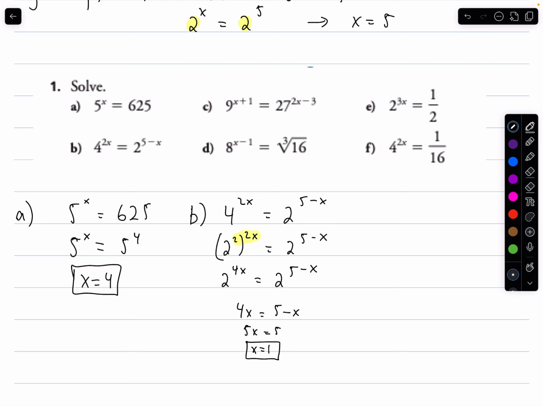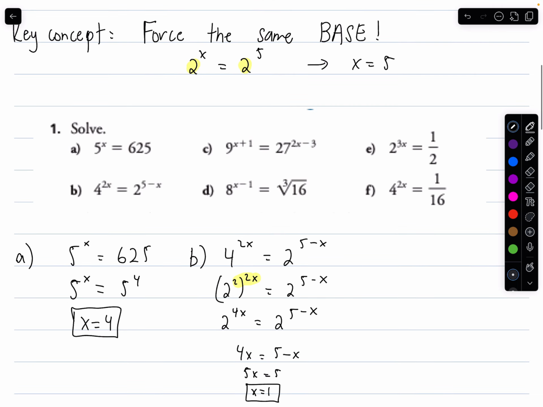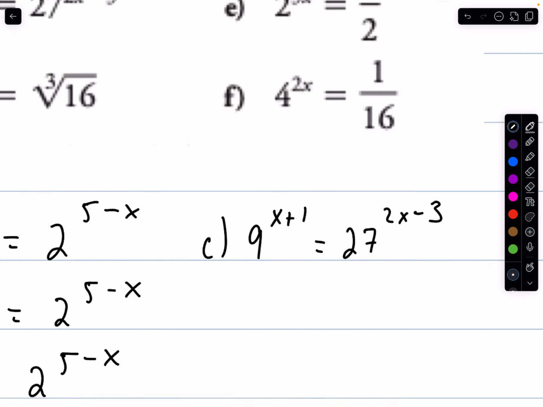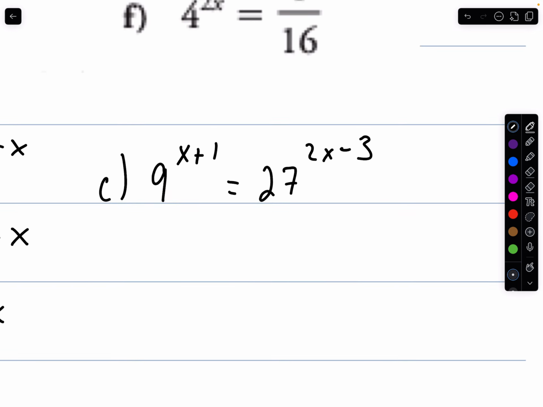Let's look at number C. We have 9 to the x plus 1 is equal to 27 to the 2x minus 3. So over here, I'm going to make this 3 squared, and I'm going to make this 3 cubed. Then I'm going to expand out my exponents.